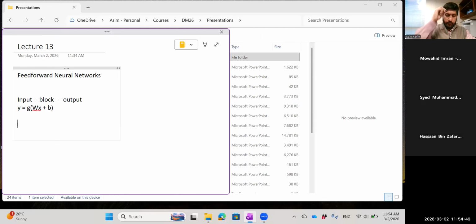So generally, if you have a k-layer feed-forward neural network, it means that it has k blocks of the form that we see above. So k blocks means that you have k such functions that are appearing before you get the final output.